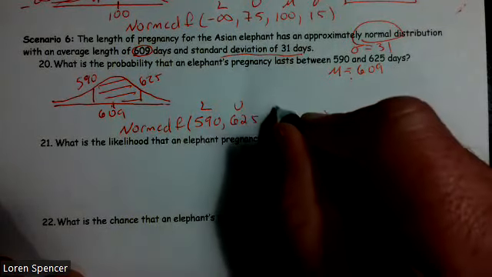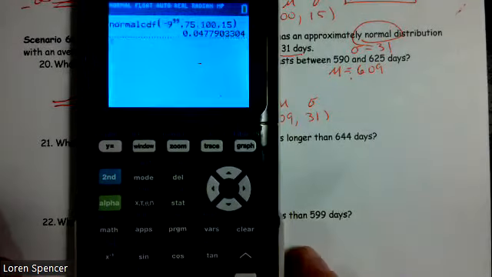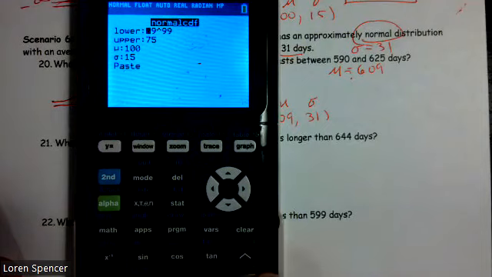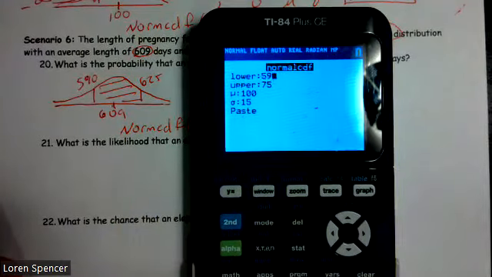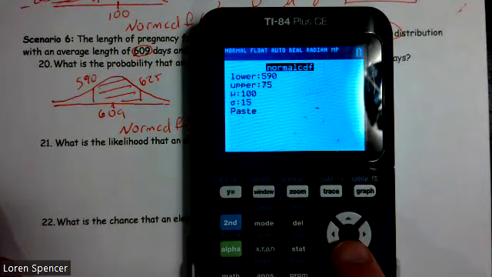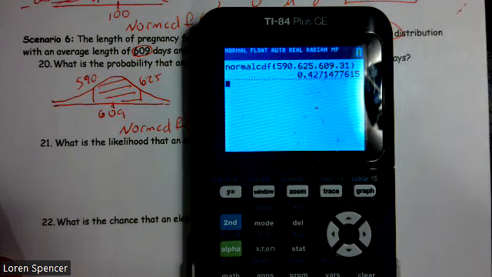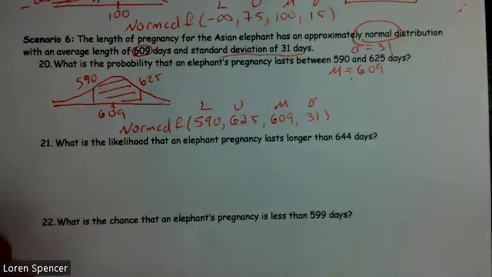Lower, upper, mean, standard deviation. Second vars, normal CDF. What was my lower? 590. My upper, 625. Mean was 609. And the standard deviation was 31. And that ends up with about 42%, so 0.4271.